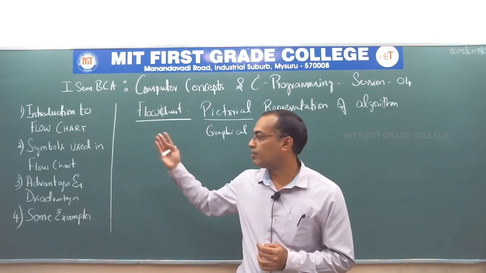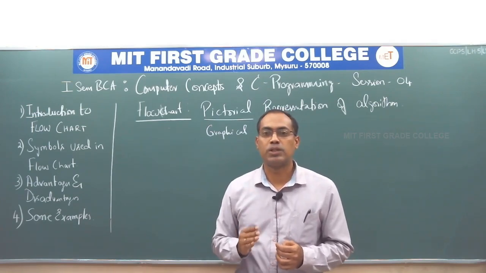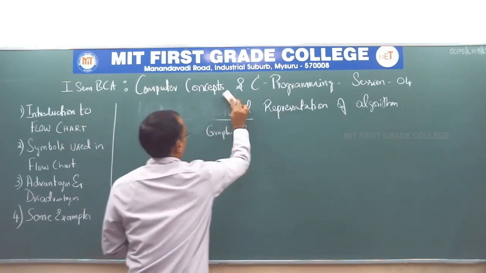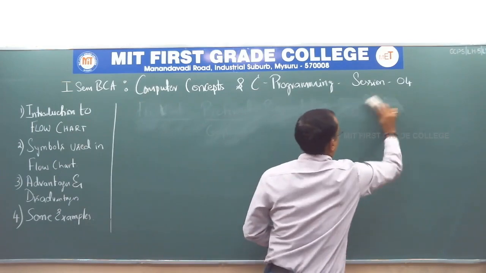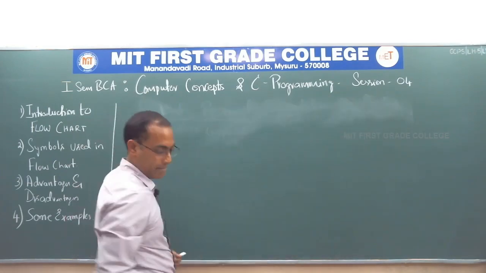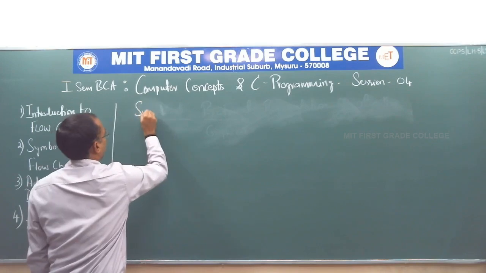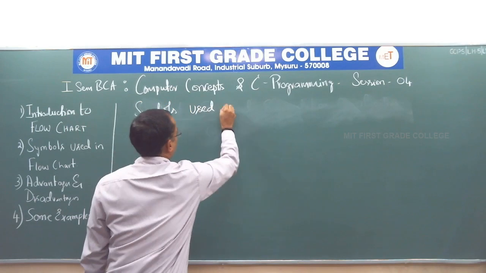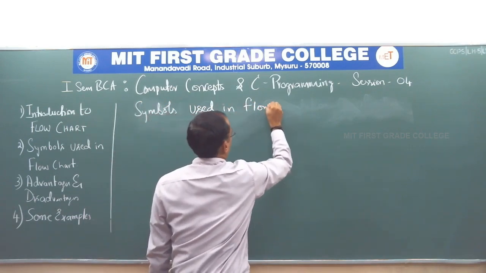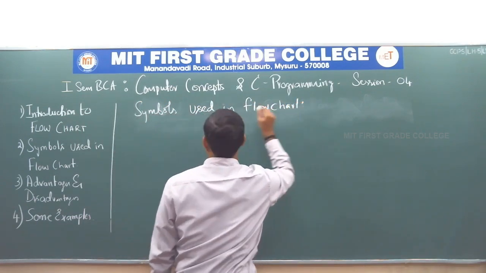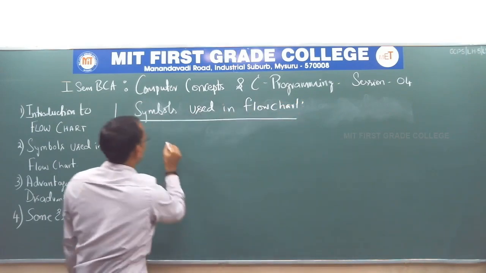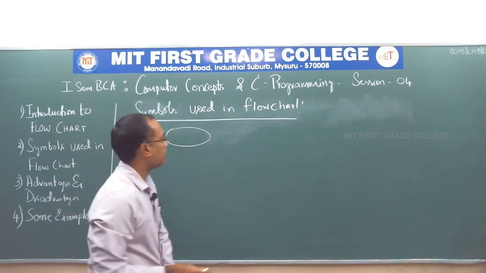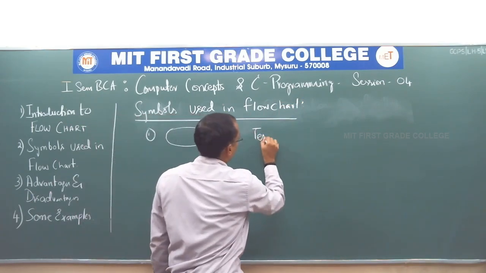Now we will see some of the basic symbols which are used in flowchart. So the very first symbol is an oval shaped symbol which is called a terminal.